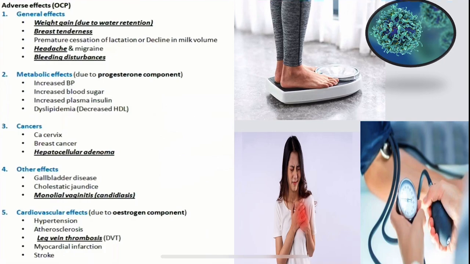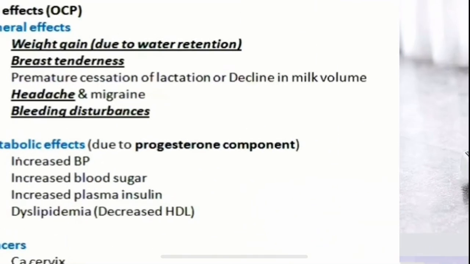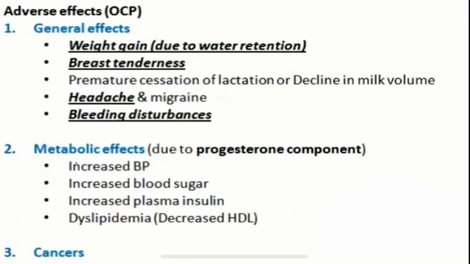Moving on to the adverse effects of OCPs, starting with the general effects. In the general effects, we have weight gain, probably because of water retention in the body. Then we have breast tenderness and premature cessation of lactation.